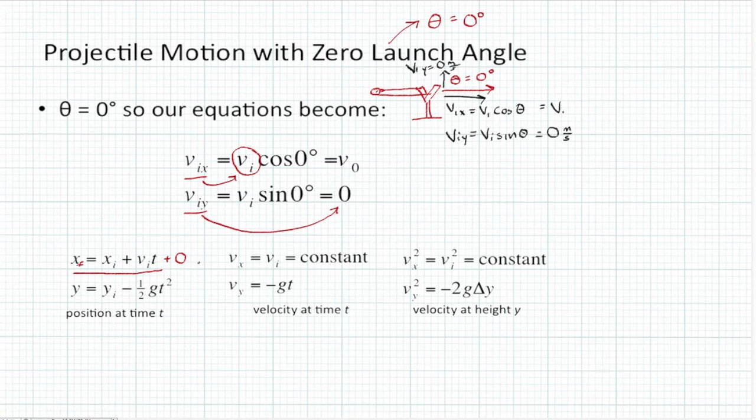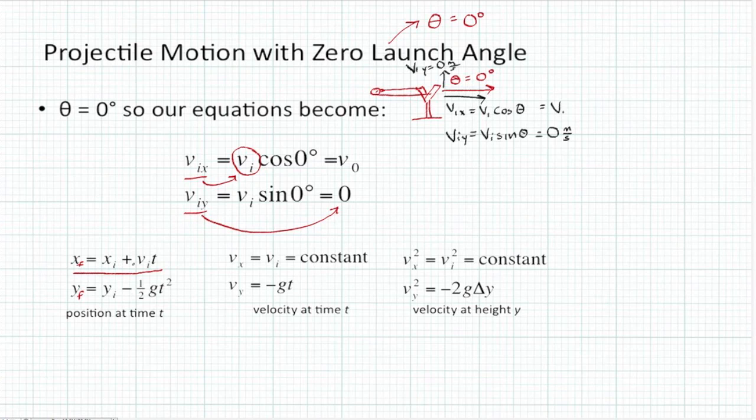There is no acceleration in the x direction, so that goes away. That's assuming there's no acceleration in the x, and the y direction has negative 9.81. What's this right here? Our final y position is our initial y position plus negative 1/2 g t squared.